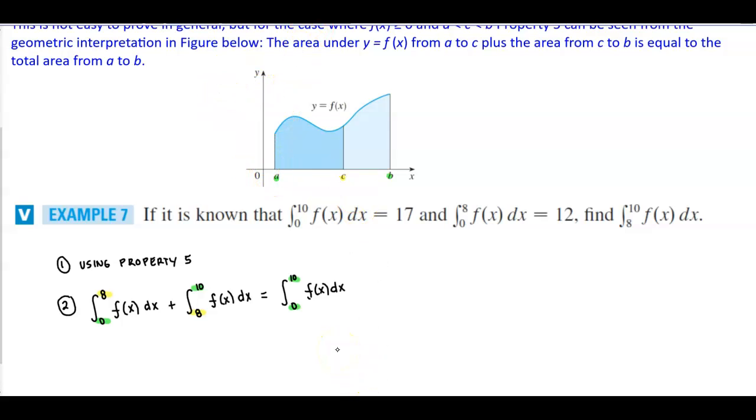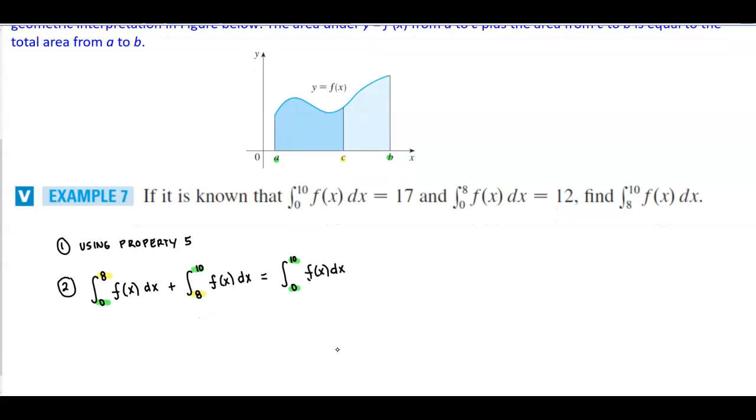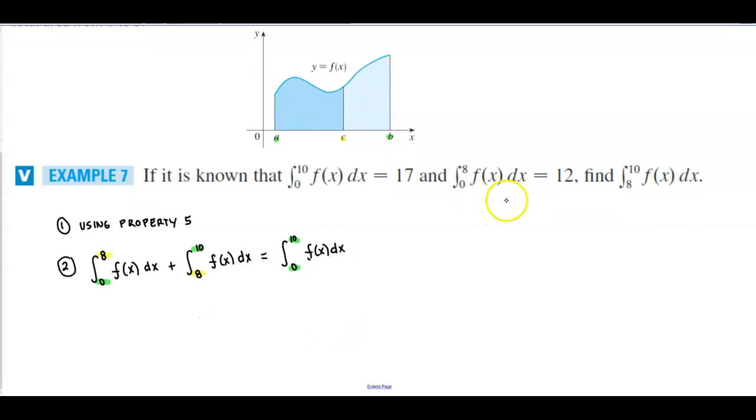So, what does that tell us? Well, if we want to find this result right here, we need to subtract this integral to the other side of the equal sign. So we're going to subtract this integral on this side, just as if it was an equation.